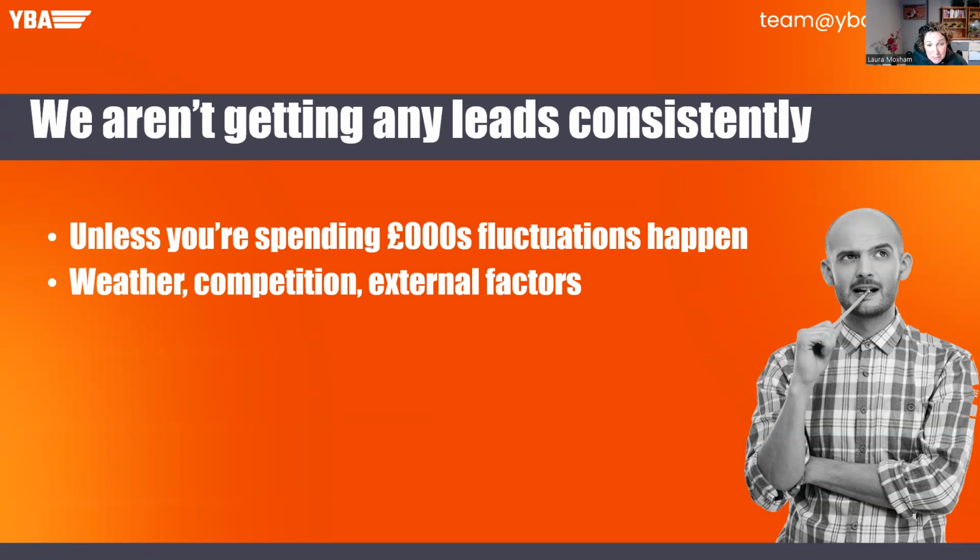They may come up with a special offer locally, and that impacts the performance of your Google Ads. Holiday time can be another impact, such as a bank holiday or August time. And then external factors too. So there's a number of things that will impact the consistency of your leads.